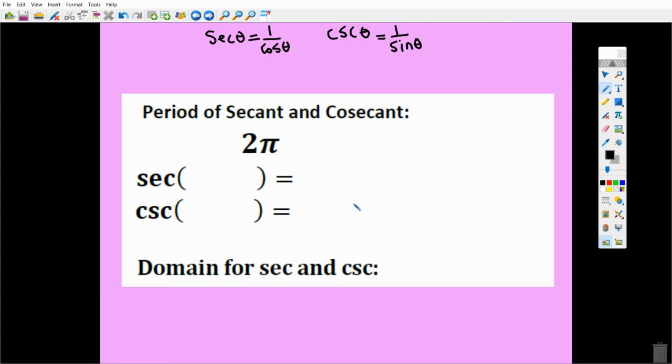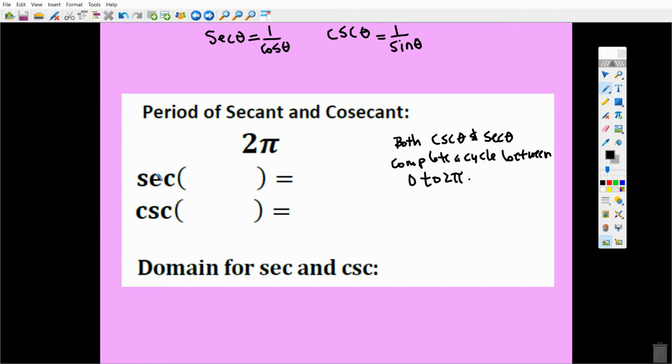Okay, so I'm going to go ahead and jot that down here. Both cosecant theta and secant theta complete a cycle between 0 to 2 pi, just like sine and cosine.